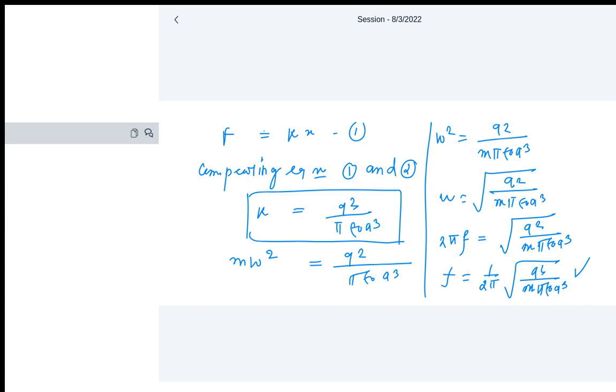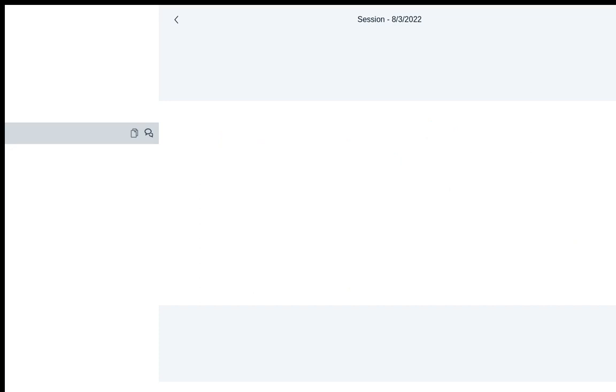So from these expressions, the frequency is q upon 2 pi, 1 upon m pi epsilon 0 a cube.